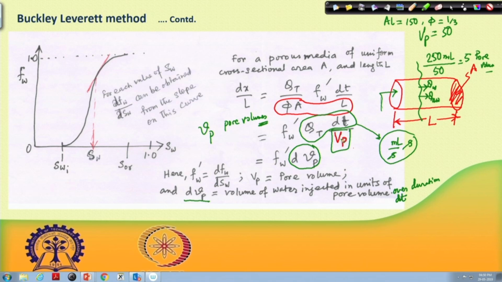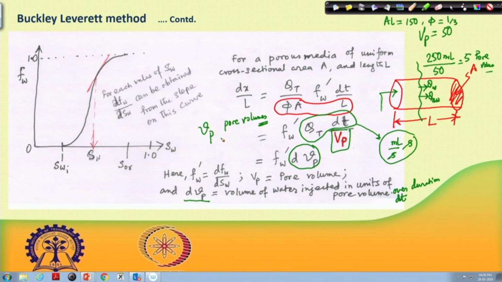Okay. So, void volume is fixed, that is 50 ml, but pore volumes could be 2 pore volumes, 5 pore volumes, 6 pore volumes. If somebody says I have injected 10 pore volumes, that means that person has injected 50 into 10, that means 500 milliliters. So, this is how the arithmetic works here.